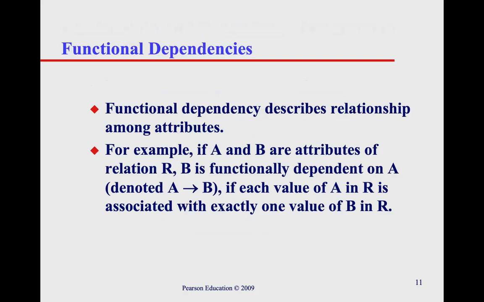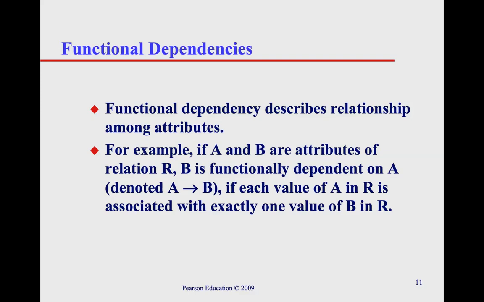So now we're going to move to how normalization works. And to do that, we have to start with an idea of functional dependencies, because that's what normalization is based on. So a functional dependency is some relationship among attributes. In ER modeling, we were concerned about relationships among entities. With normalization, we're more interested in relationships among attributes.